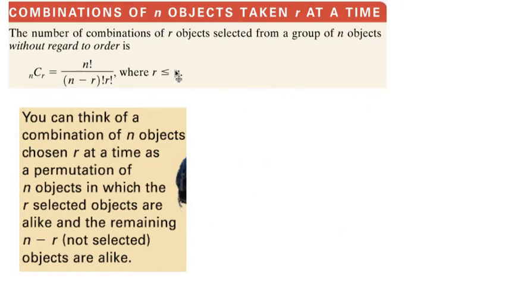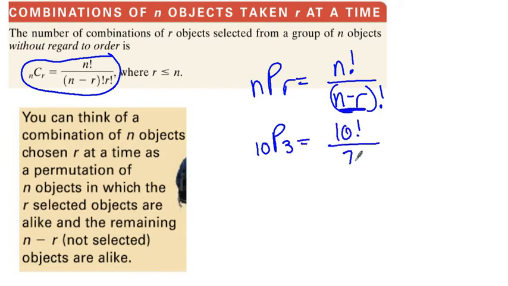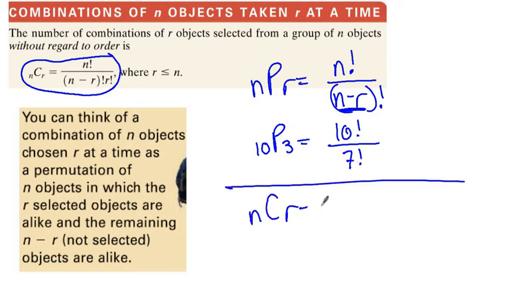All right, so the actual formula for this, you don't have to know it to figure out the problem, but you might recognize it as very similar to the permutations formula. The permutations formula looks like this. For example, if I were doing 10 items and picking 3 of them, it would be 10 factorial over 10 minus 3, which is 7 factorial. On the other hand, for combinations, it's n factorial over, it's almost the same formula, it starts out the same.